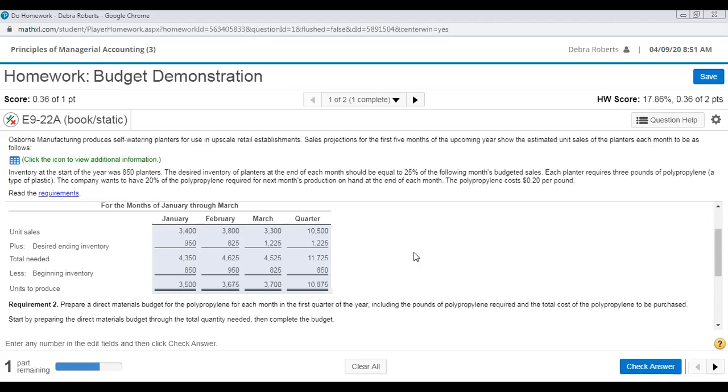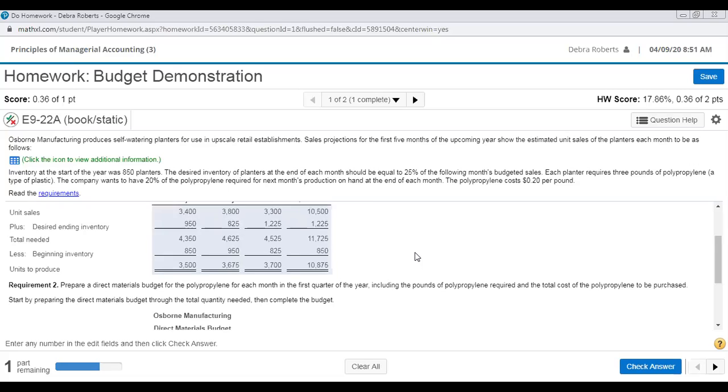You only need your number of sales. You only need to know your desired ending inventory, your beginning inventory, and the new unit sales. And then you may want to know the percentage of your sales. That's all you need for your production budget.